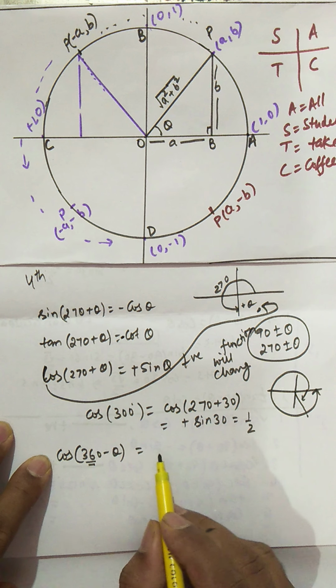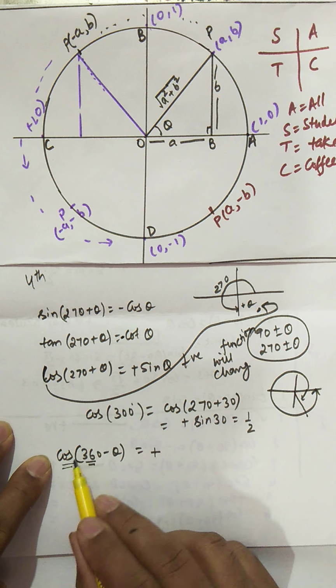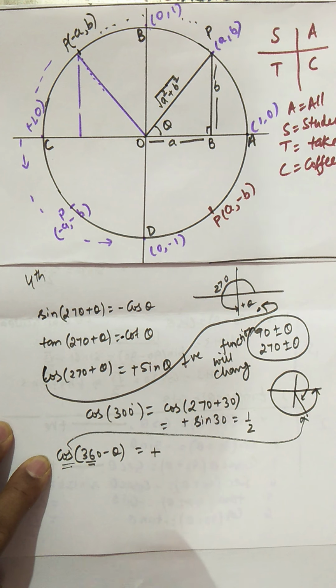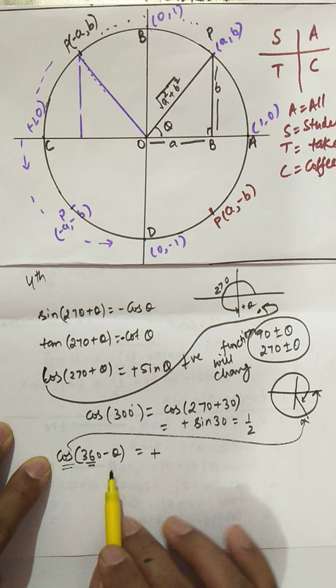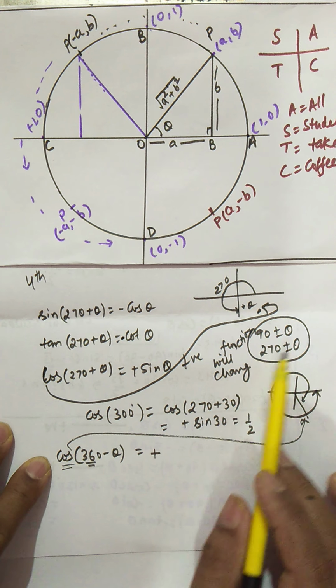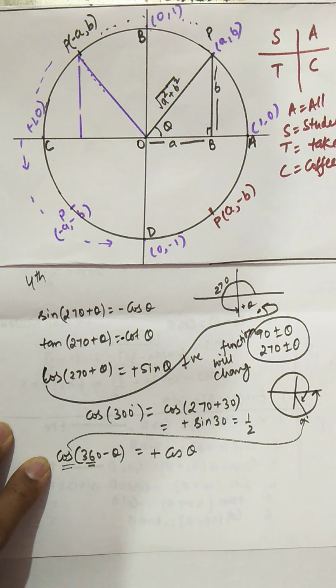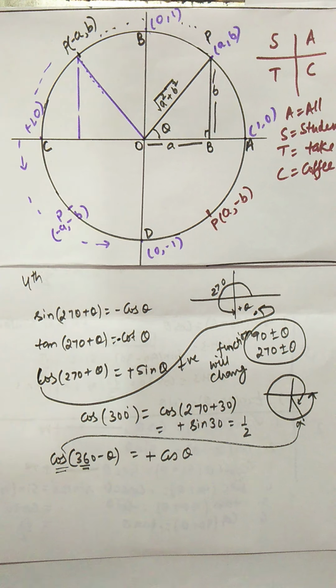And cos is positive in the fourth quadrant, so this is positive. The function will not change because this is neither 90 plus or minus theta nor 270 plus or minus theta, so it will remain plus cos theta. So this way we can see the values.